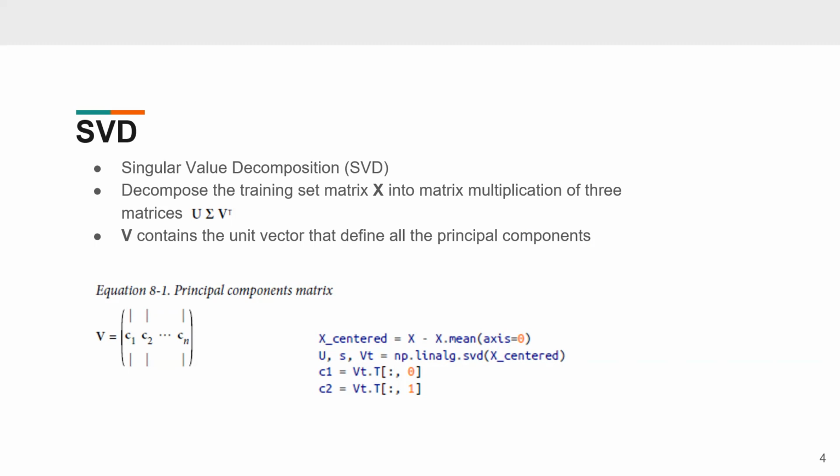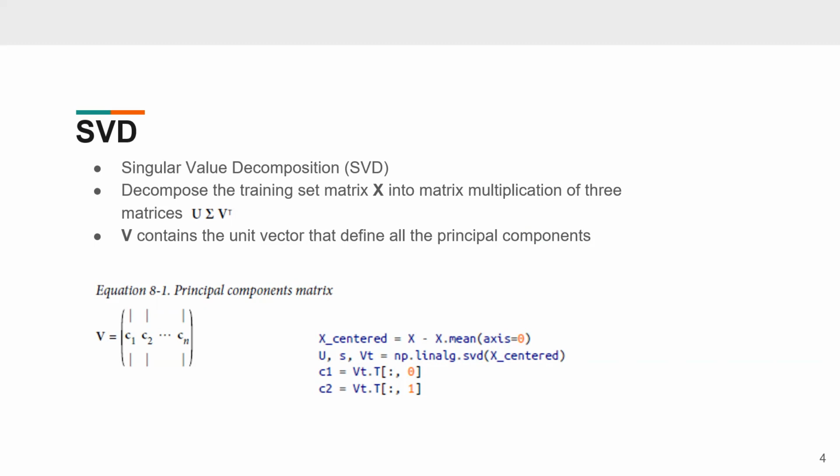That matrix X can be decomposed into three matrices: U, sigma, and V transpose. So X would be equal to U times sigma times V transpose. This is coming from singular value decomposition.